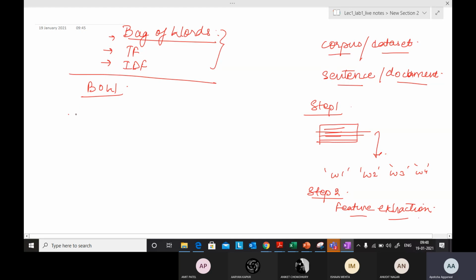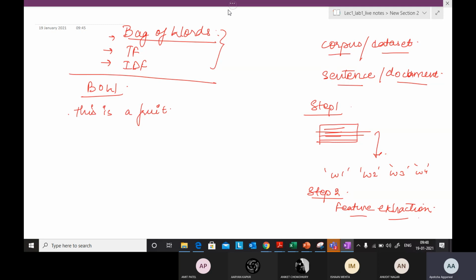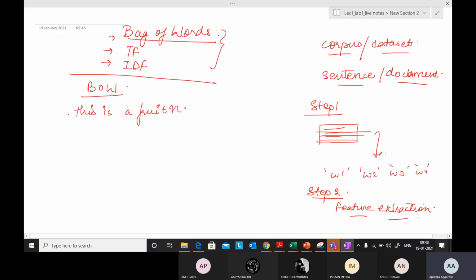Okay. So in bag of words, we have a set of words. We have a training example: "This is a fruit, name apple." And another example is "Apple is a really good place to work."